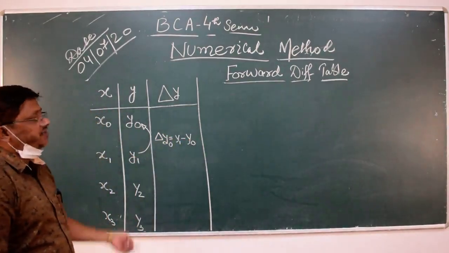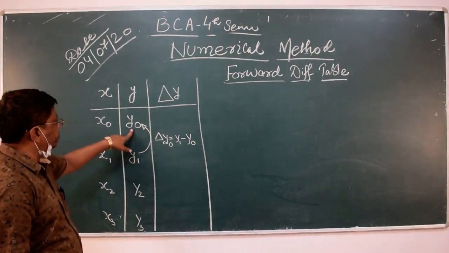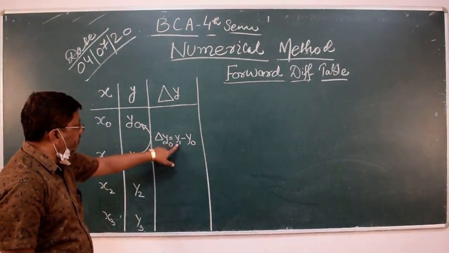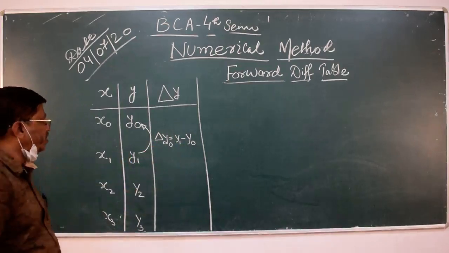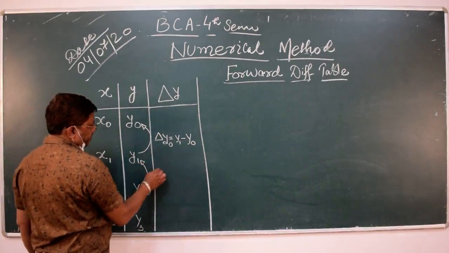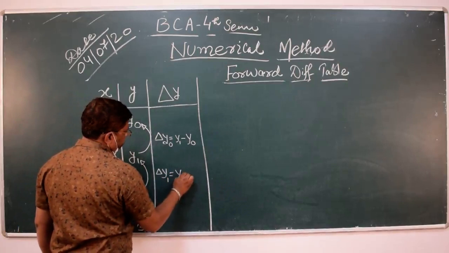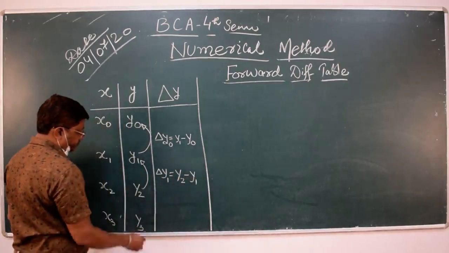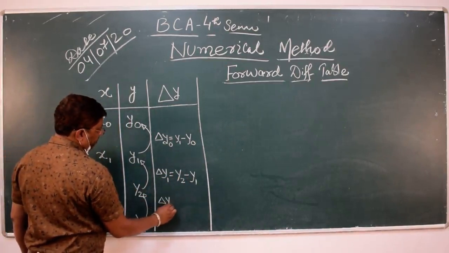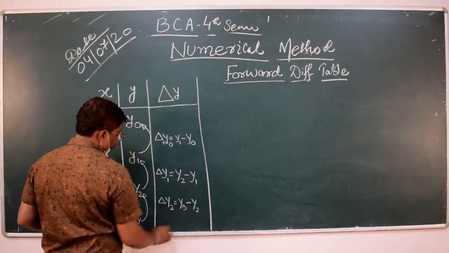Similarly, delta Y1 is equal to Y2 minus Y1, and delta Y2 is equal to Y3 minus Y2, and so on.